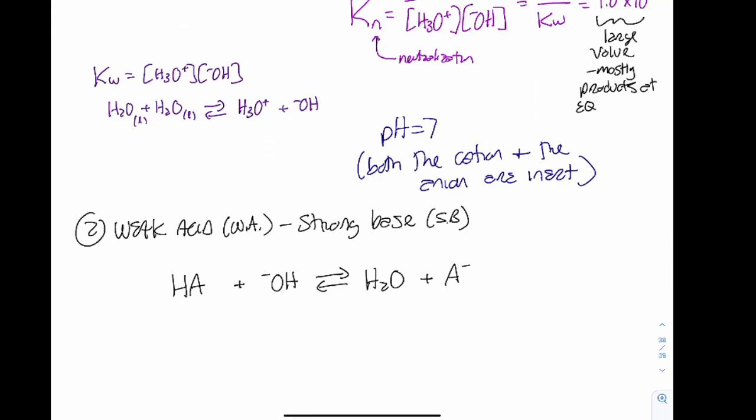My cation from my base was a spectator ion. It got canceled out. Remember that the cation from a strong base is inert, so it's not part of my problem here.